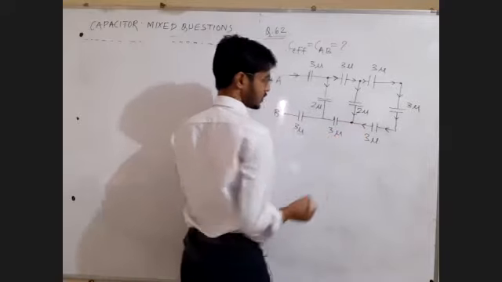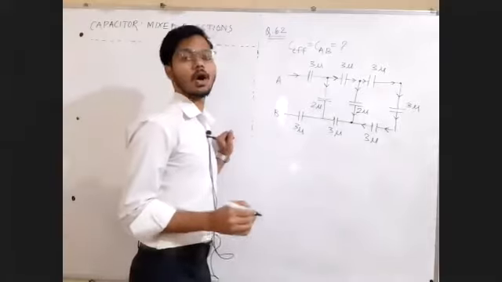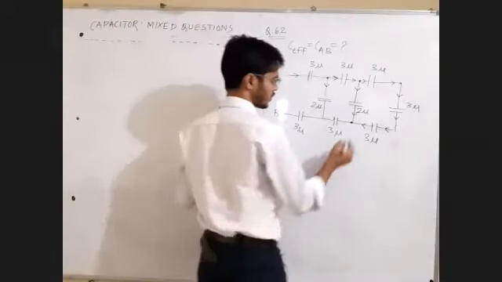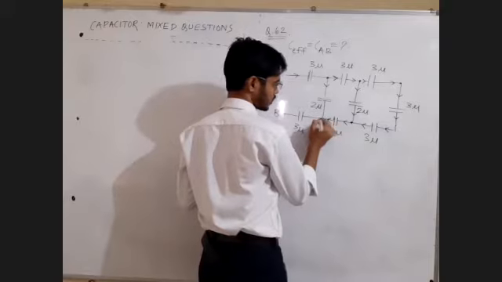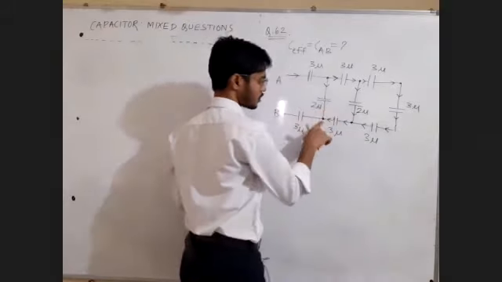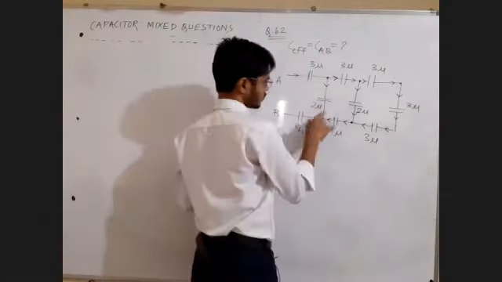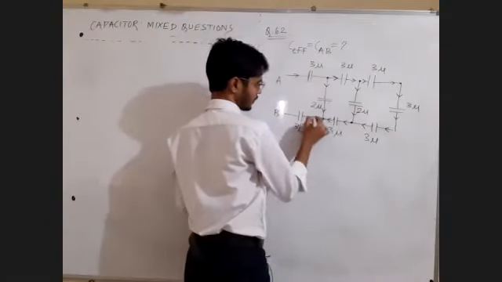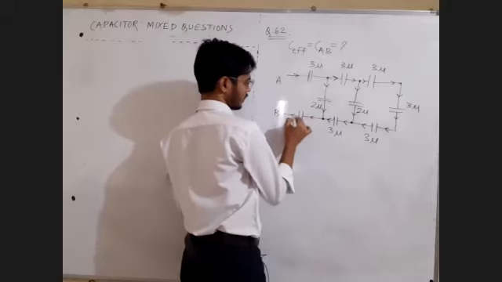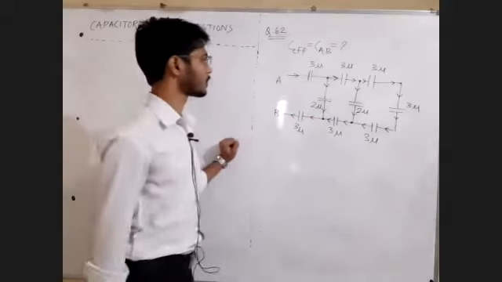The point where the charges combine or split is called a junction, also called a node. This charge and this charge will combine, and ultimately it will end on point B.